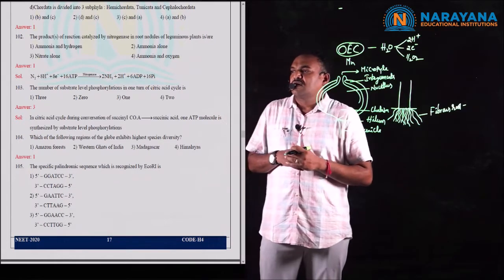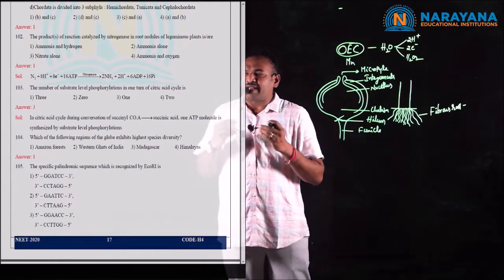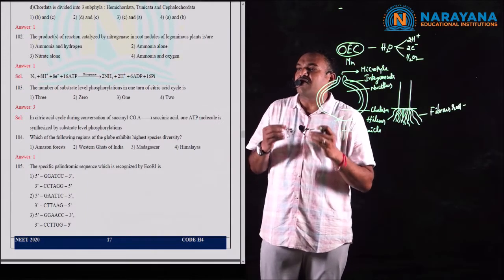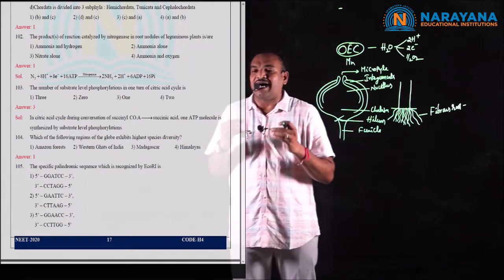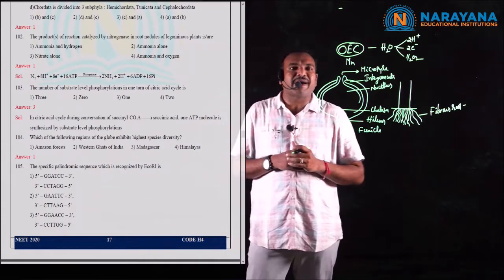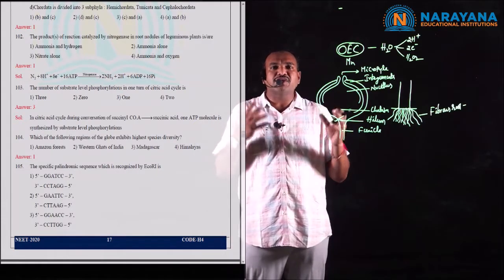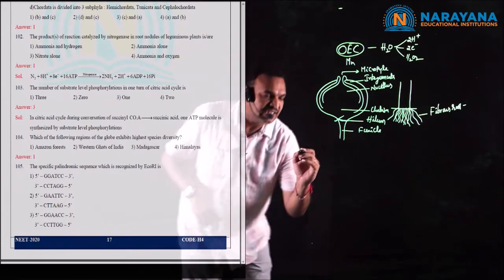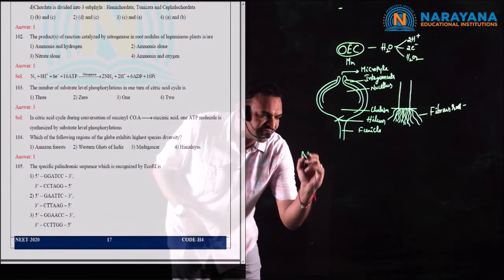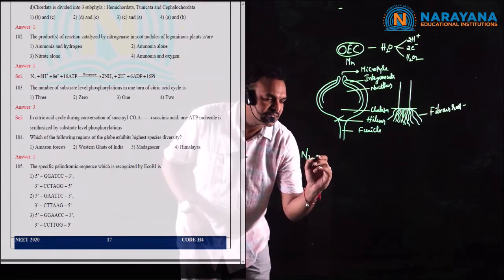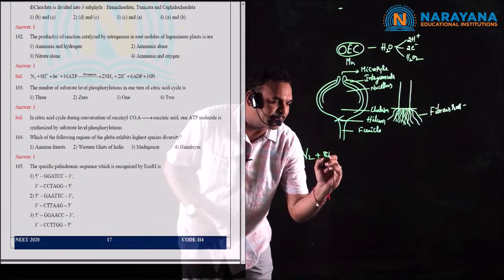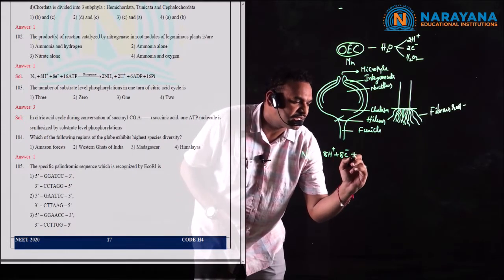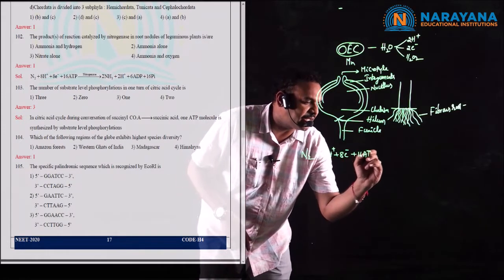102. The products of reaction catalyzed by nitrogenase in root nodules of legume plants is R. That means they are asking about the biological nitrogen fixation. Once you look at the overall equation of biological nitrogen fixation, that means 1 molecule of nitrogen requires 8 protons, 8 electrons and 16 ATP.